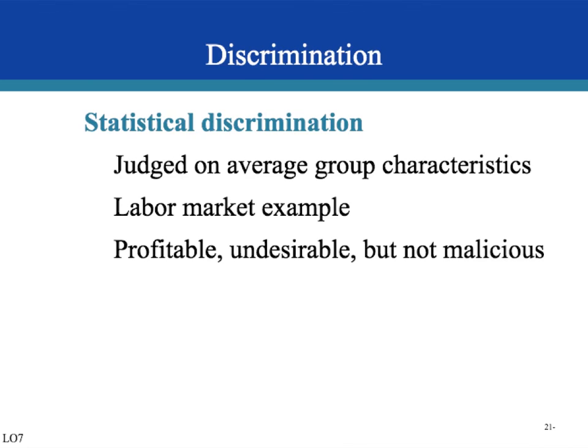She may not even want children. She'd be willing to move anywhere, but she gets judged on that. The employer assumes she will do all those things and instead hires a male worker. In this case, statistical discrimination occurs because the employer is looking to maximize profit, but they're not doing it out of malicious intent. There's been a lot of discussion about discrimination due to average group characteristics.